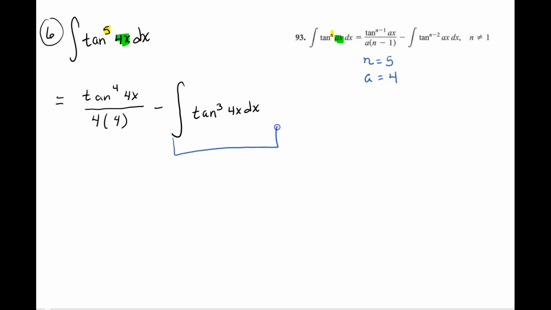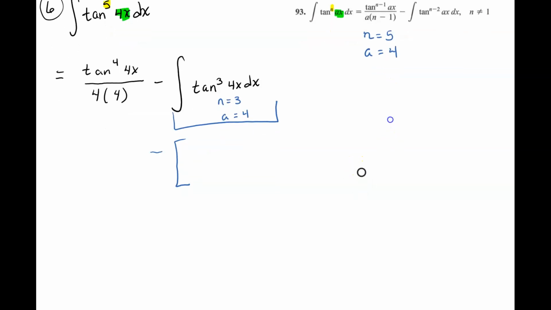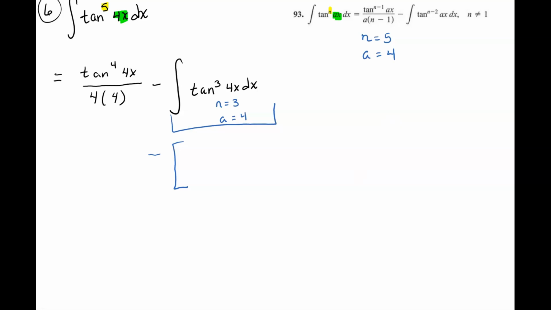So I'm going to take a look and analyze this right here. We're going to have a negative on the outside, of course. And then on the inside, we're going to say, okay, well, this isn't too bad. n equals 3 and a equals 4. And we followed basically the same process that we just applied. So let's see what that looks like.